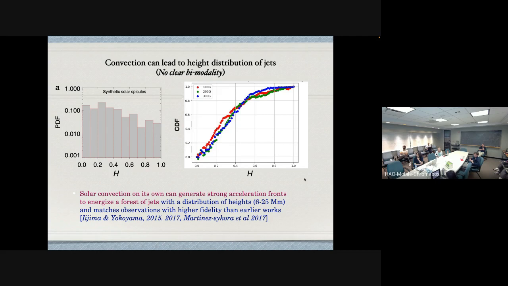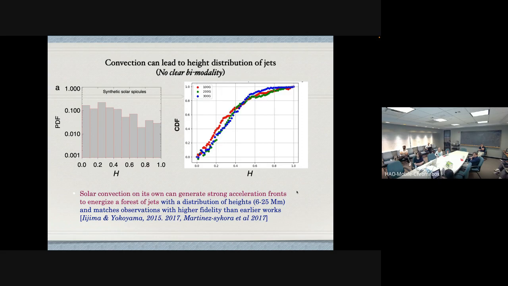So essentially what it means is the normalized distribution of heights is the same in all the simulations, irrespective of what magnetic field you have put in. So we conclude that the solar convection on its own can generate strong acceleration fronts, which can energize a forest of jets. And then we obtain this distribution of heights, which matches observation with a higher fidelity.